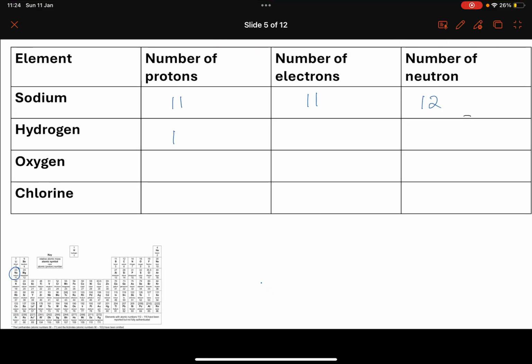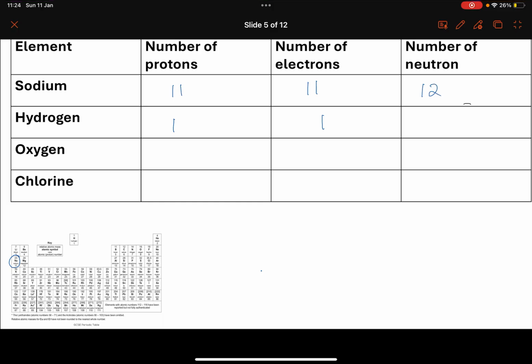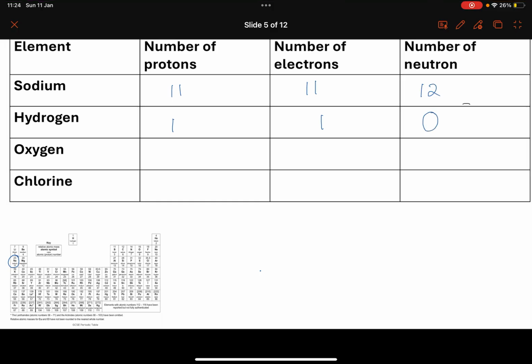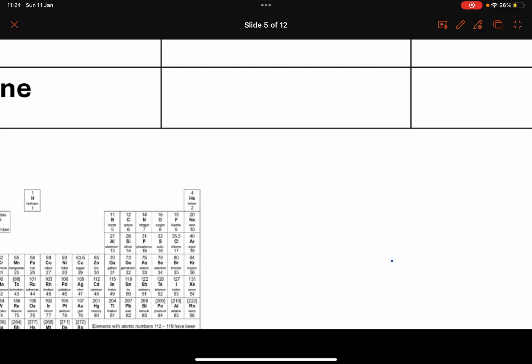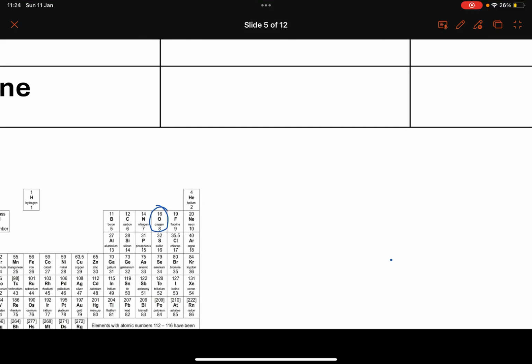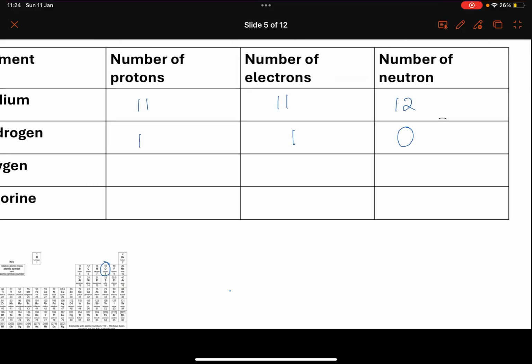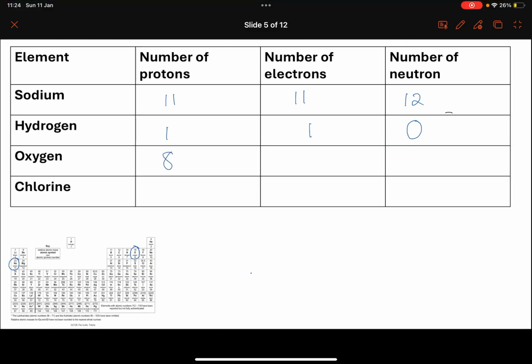So 1 proton, 1 electron, 1 minus 1 is 0. Hydrogen is the only element that has no neutrons in its nucleus. Oxygen is here. We've got a bottom number of 8, top number of 16. So 8 protons, 8 electrons, and then 16 minus 8 is also 8.